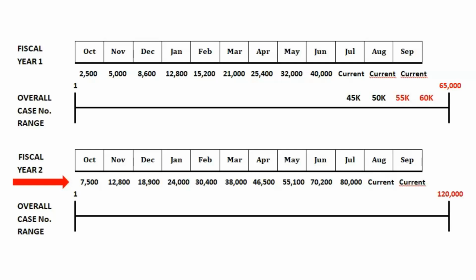So you see that in this second scenario, there is a faster progression in the monthly visa bulletin cutoff numbers.